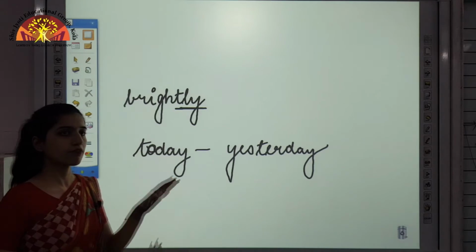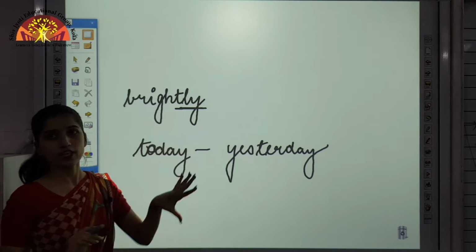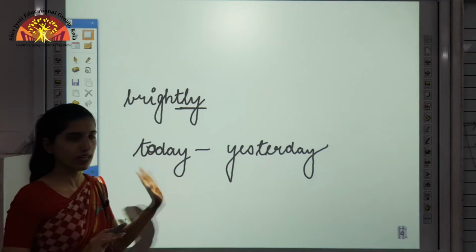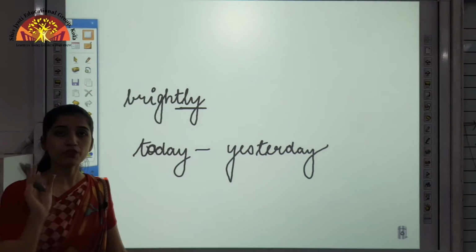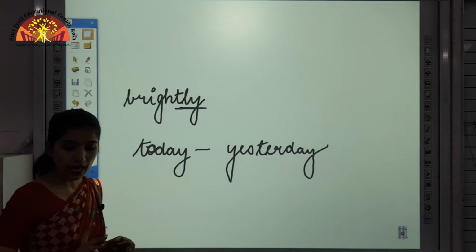We need to see what type of degree should come. Here we are comparing between two things, today and yesterday, so we will use the comparative degree. So we will fill the blank with what?